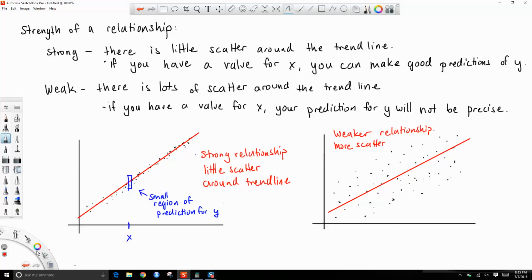More scatter, and then if I were to pick some particular value of x, say right here, okay, our prediction zone would go all the way from here to here, okay? So we have a much bigger zone of prediction.